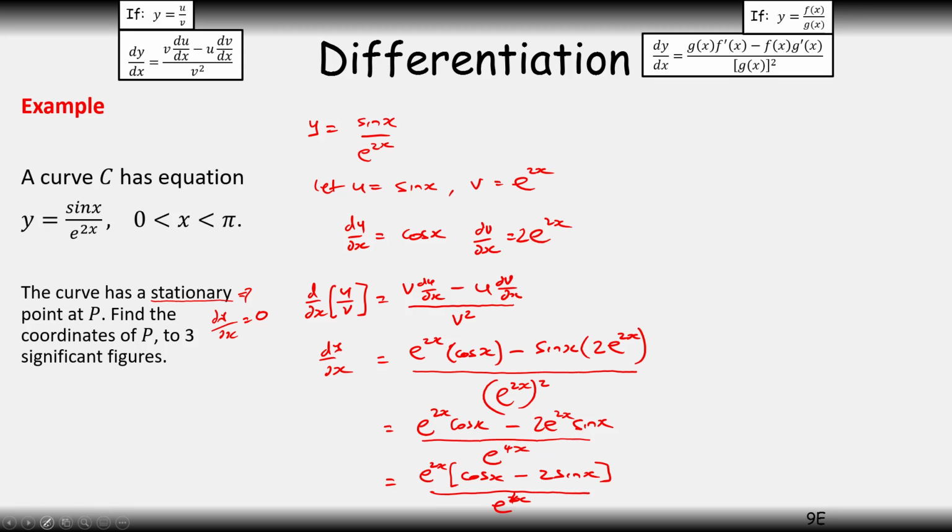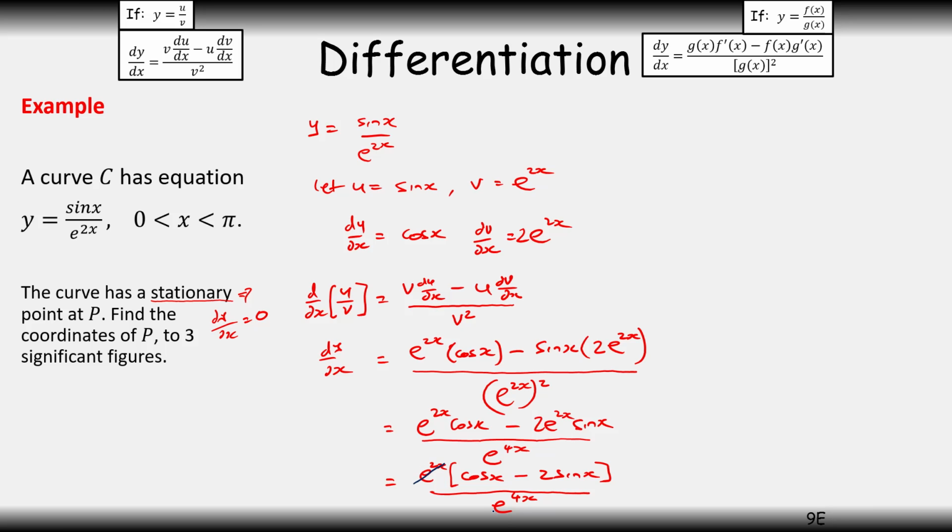I'll just rub that out and write it again to make it clearer, in a red pen again. e to the power of 4x. Now we've got e to the power of 2x on the top and 4x on the bottom, so if we simplify, I'll just cancel that in.